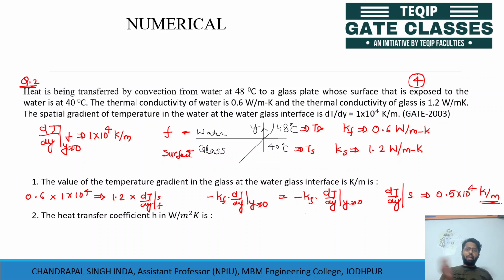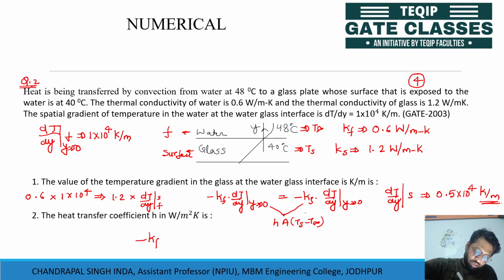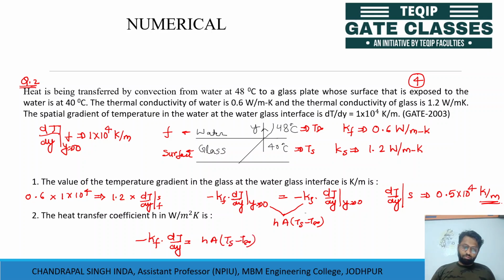So by applying the boundary condition, both of these equations are equal to hA(Ts minus T infinity). So minus Kf dT by dy is equal to hA(Ts minus T infinity). From here, Kf is 0.6 into temperature gradient 1 into 10 to the power 4 is equal to h. A is not required here as the surface area is cancelled out.